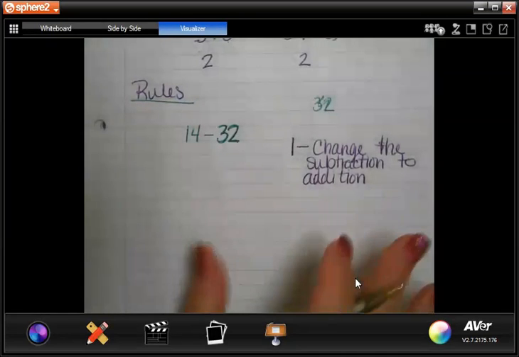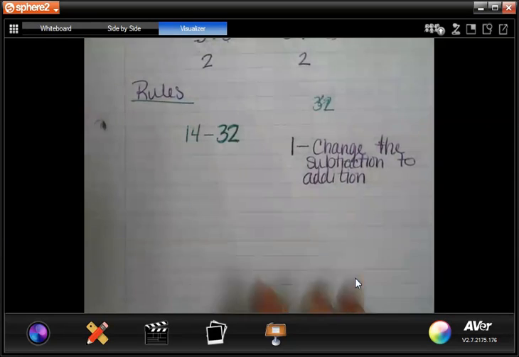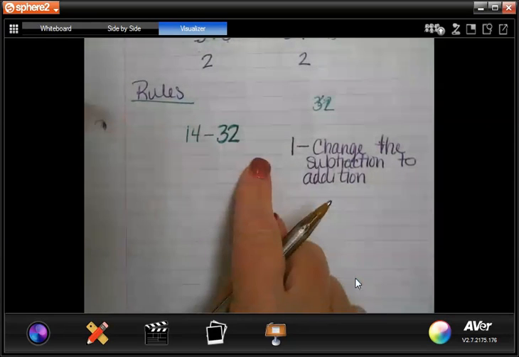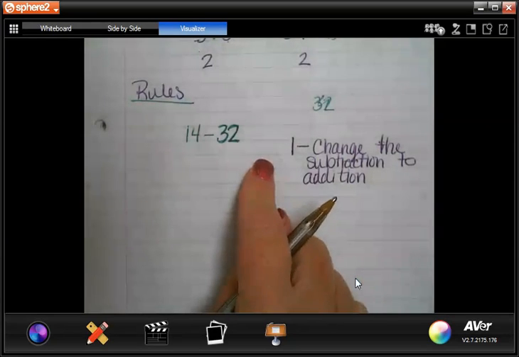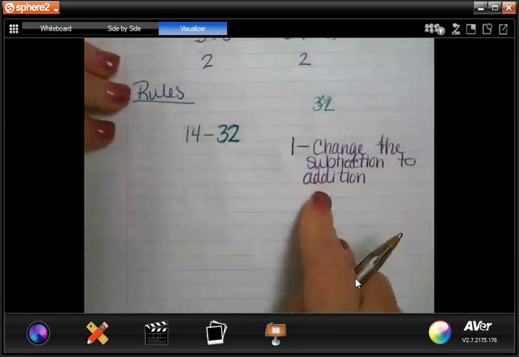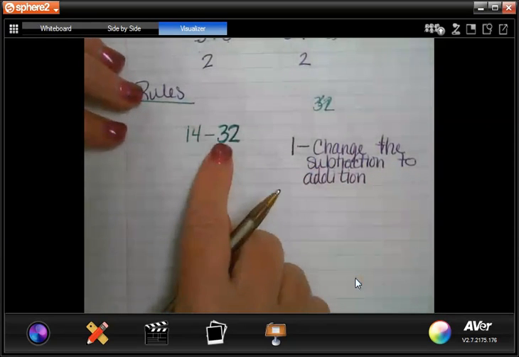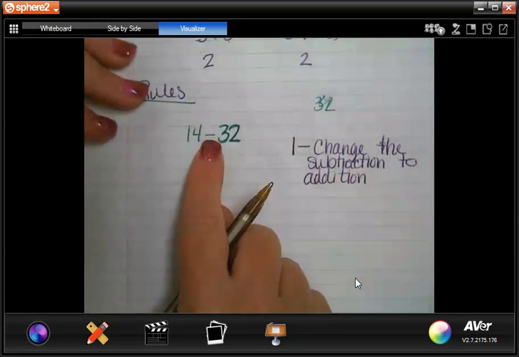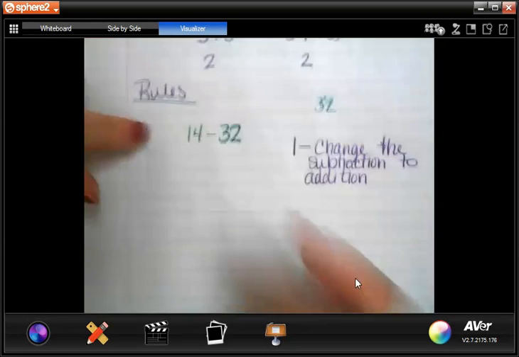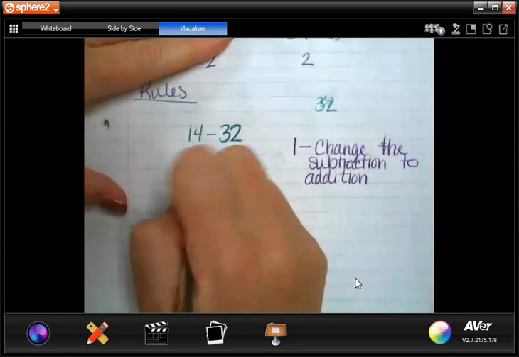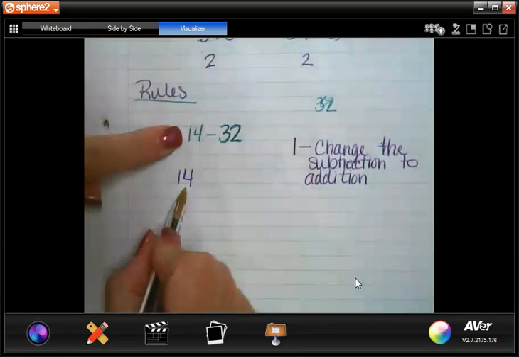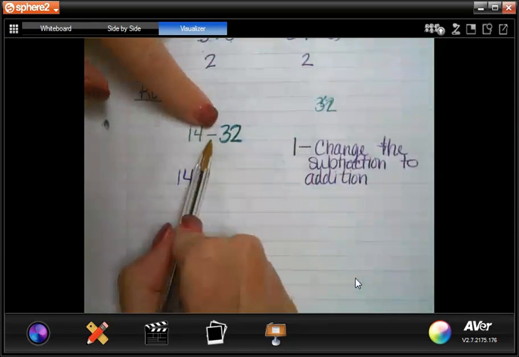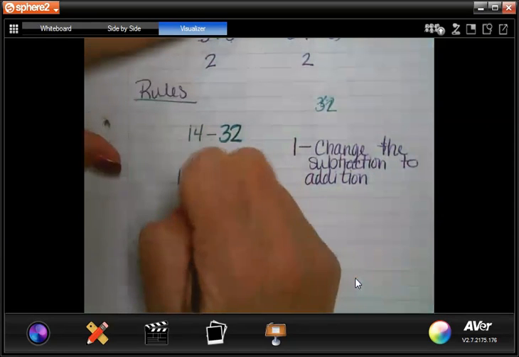Okay. So when you get a problem like this, the very first thing that I want you to do is walk through this and change this subtraction sign right here into an addition sign. So it's going to look like this. We have 14. It's still 14. We're going to change this subtraction to addition.